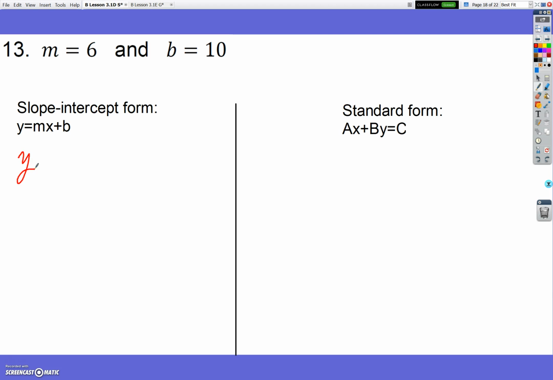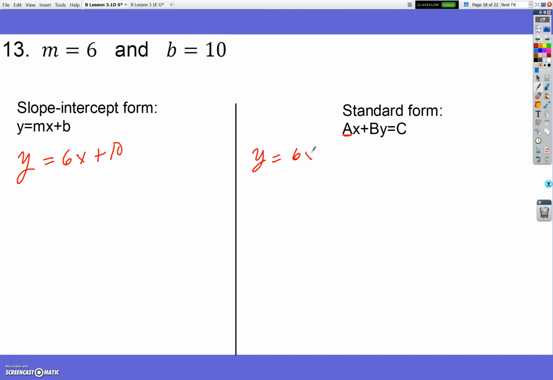This would look like y is equal to 6x plus 10. 6 is my slope, and b is my y-intercept, so 10 is my y-intercept. Now I need to rewrite this as standard form. Remember the rules. A needs to be positive, ax and by need to be on the same side, and there can be no fractions or no decimals.